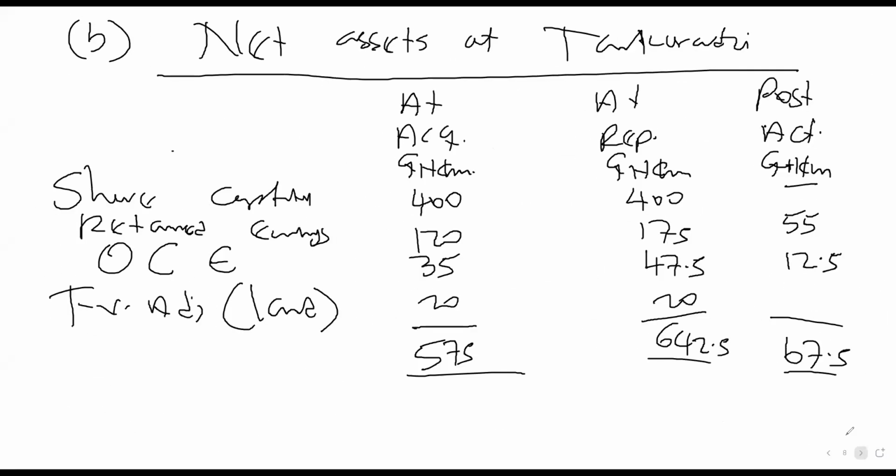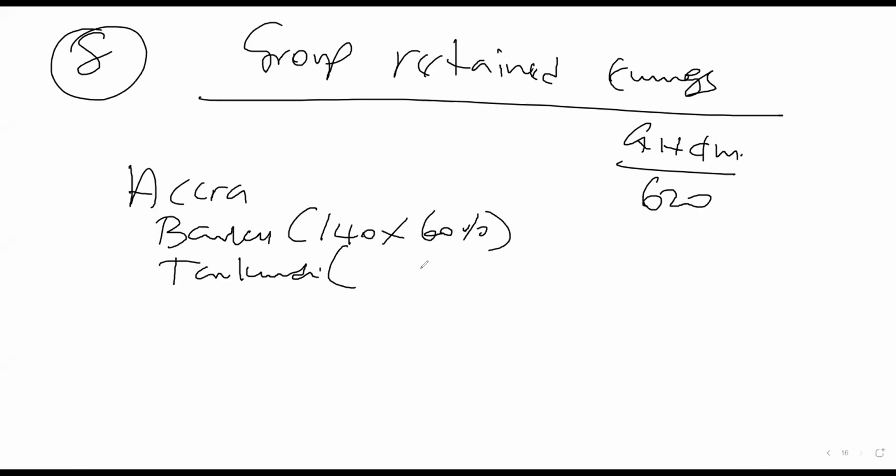Tadi, you pick 55, correct? Please, what do you get? 84 for Bokun. 30.8 for Tadi.